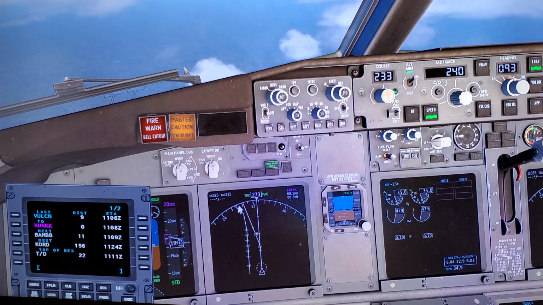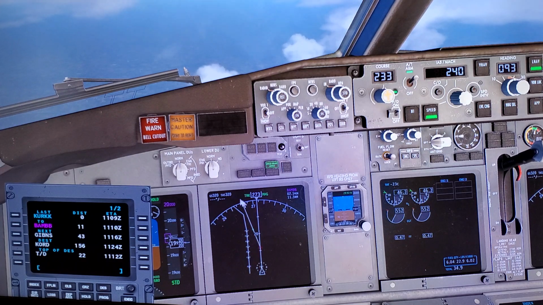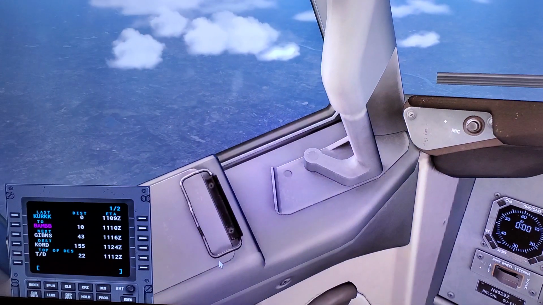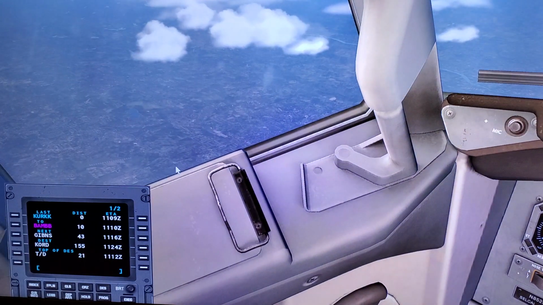So basically, at about 40 nautical miles from now, we're going to be turning. I think I'm going to search for where the runways should be.